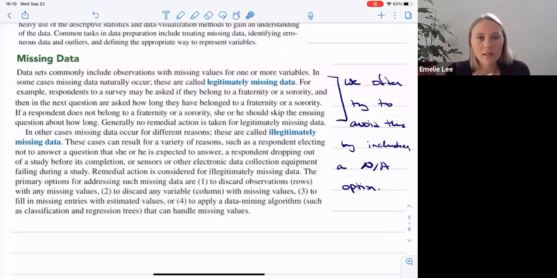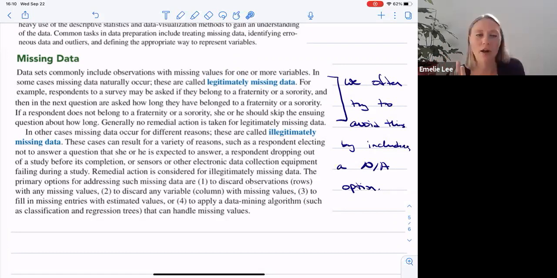So it could be for a number of reasons that you have illegitimately missing data. So for example, if I said, yes, I belong to a sorority, and then I didn't answer the next question, what's the reason that I didn't answer the next question, right? How long have I belonged to that sorority?